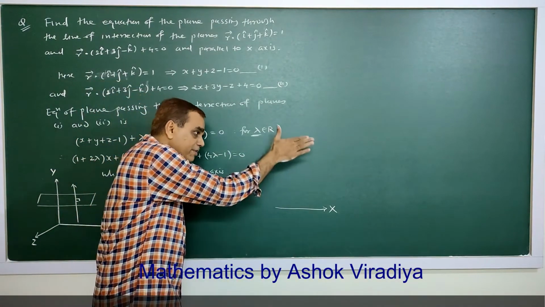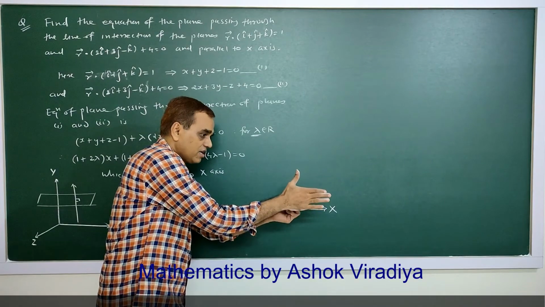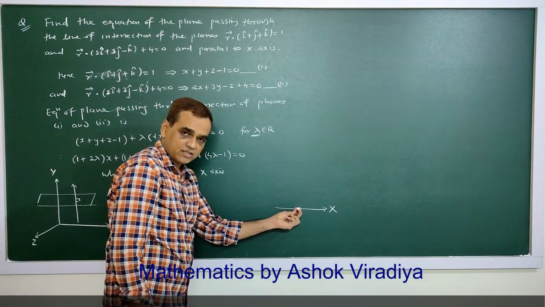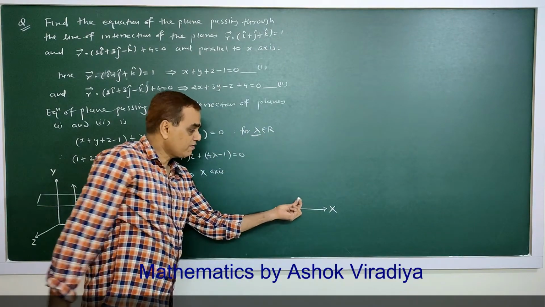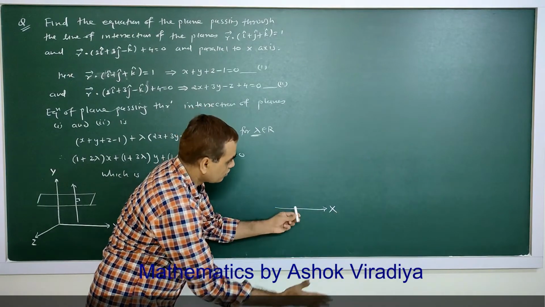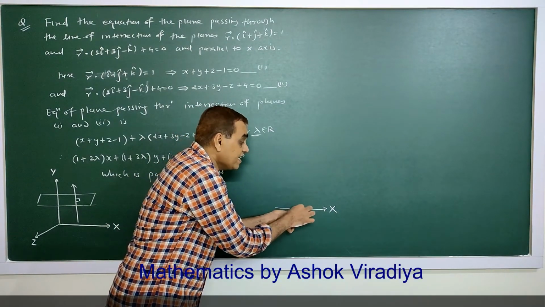So if you take any plane parallel to the x-axis and imagine its normal, then the normal will be perpendicular to the x-axis. If the plane is like this, the normal will be like this. But every time in 3 dimensions, it will make an angle of 90 degrees with the x-axis.